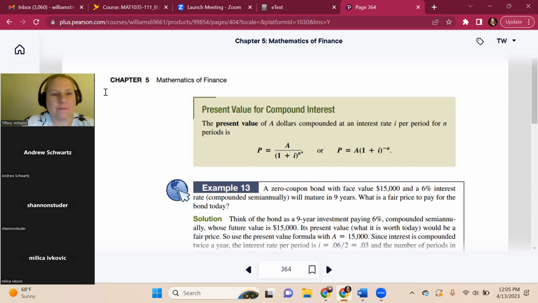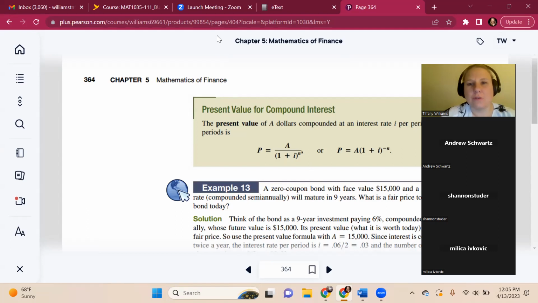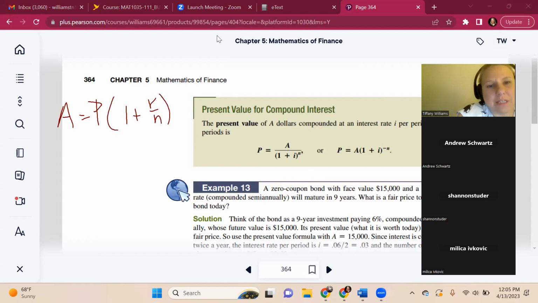So let me write up the formula that I originally gave you. The formula that I gave you was A equals P times 1 plus R over N raised to the NT.